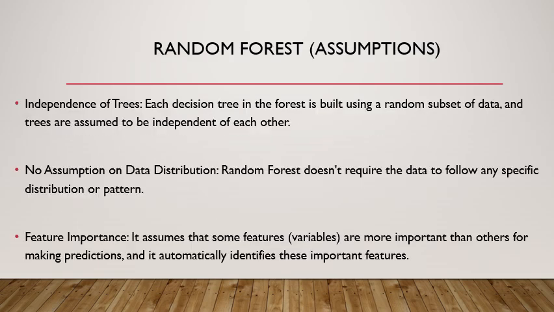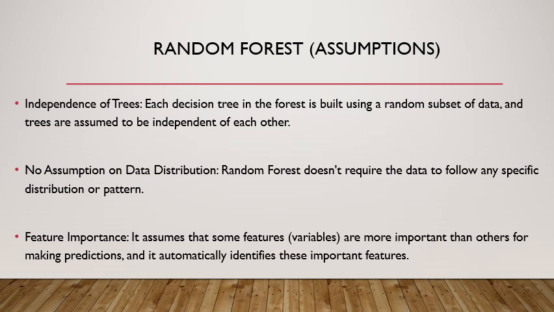Assumptions of random forest. Independence of trees means each decision tree in the random forest is built using a random subset of data, and trees are assumed to be independent of each other.